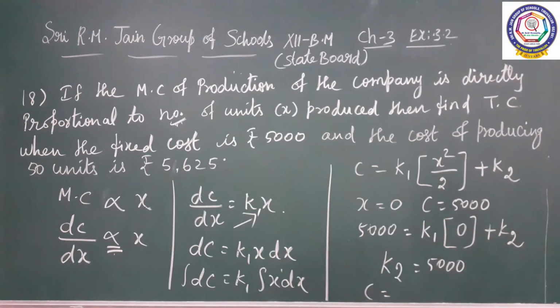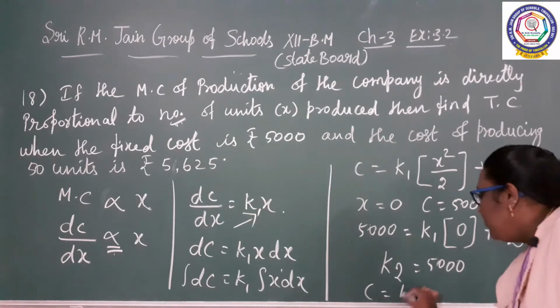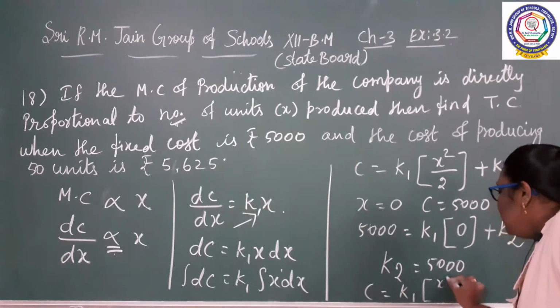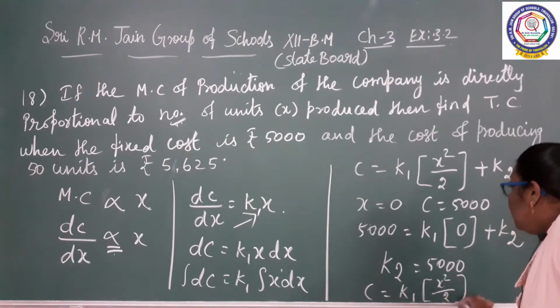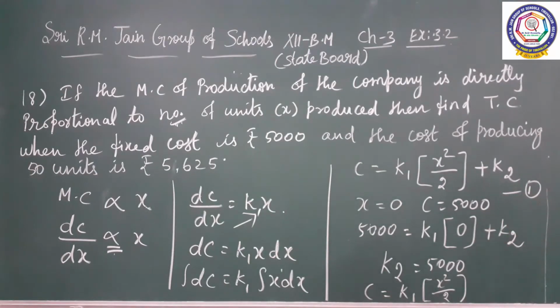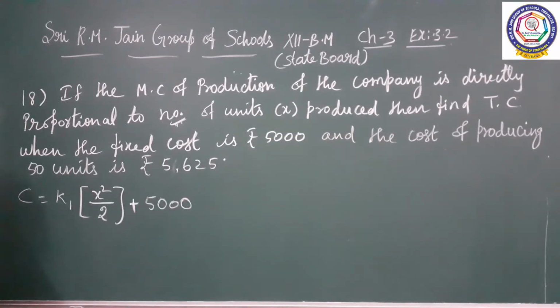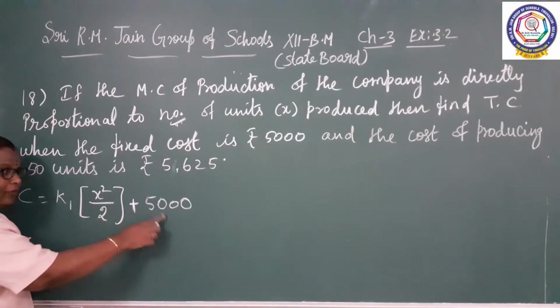C equal to K1 into x square by 2 plus K2, and the value of K2 is 5,000. See here, when the fixed cost is 5,000, you found the value of K2.